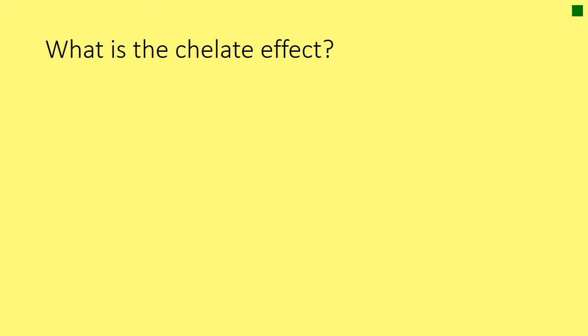And our last lesson objective is to understand what the chelate effect is. And the chelate effect is to do with the reversibility of these ligand substitution reactions. So the reversibility of the reaction, so if one ligand replaces another, how easy is it for that to happen in reverse?